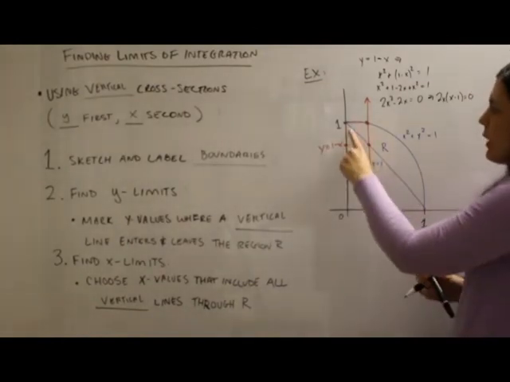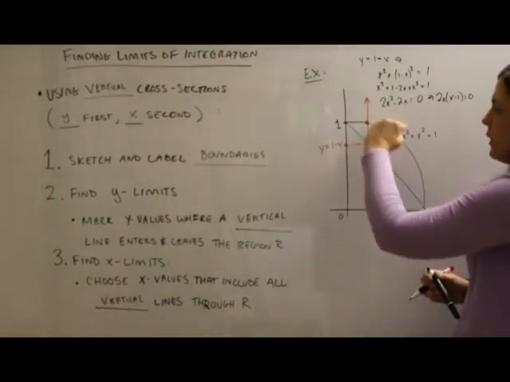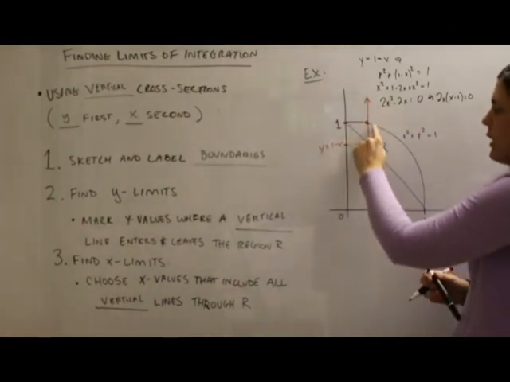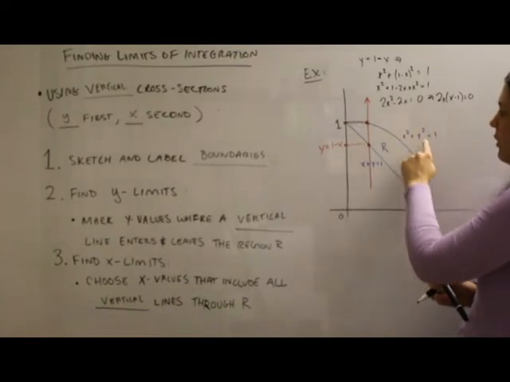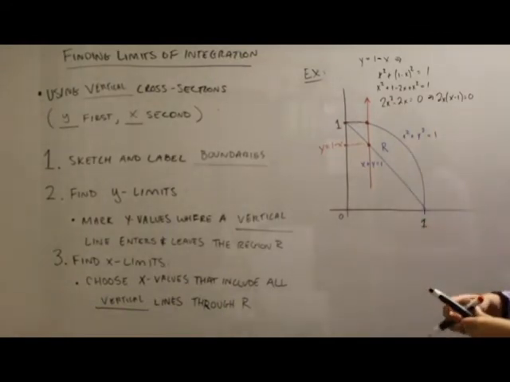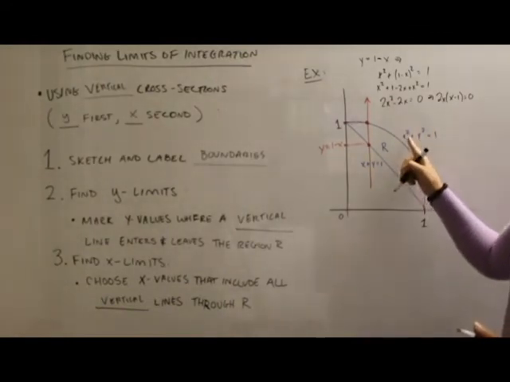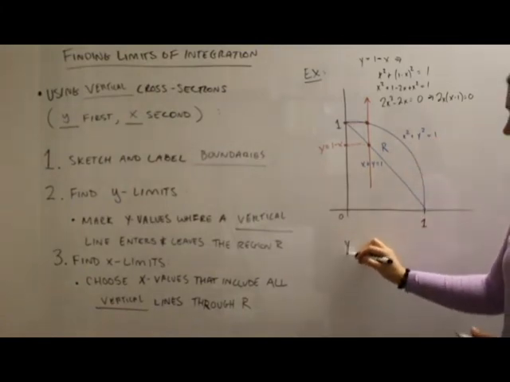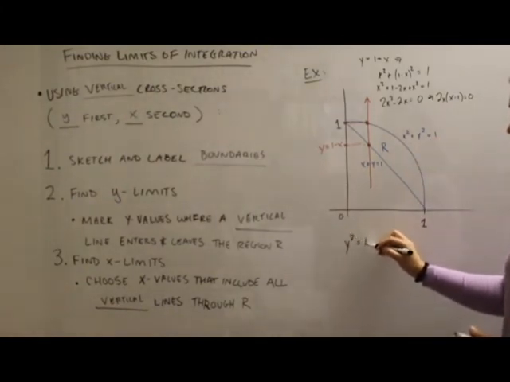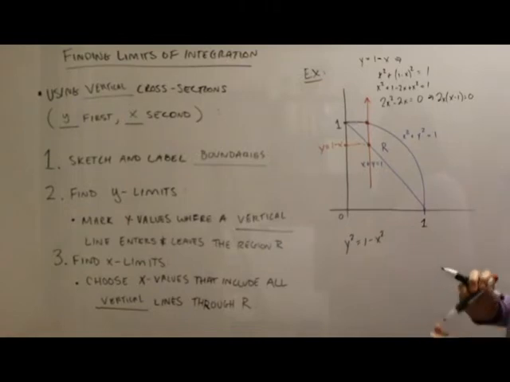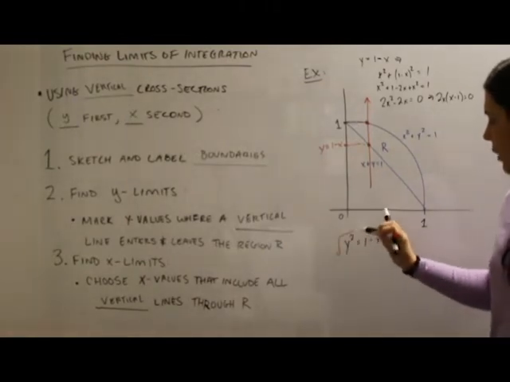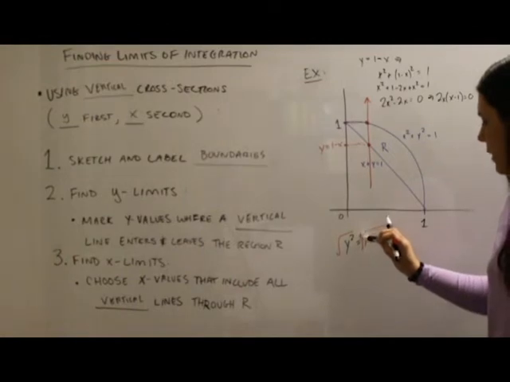And then the upper boundary, this is the portion of a circle. And so you're going to solve this boundary for y as well. So on this one, I'm going to take x squared and subtract it. So y squared equals 1 minus x squared. And then I want y, so I have to square root both sides. Now technically when you square root, you're going to put a plus and minus here.